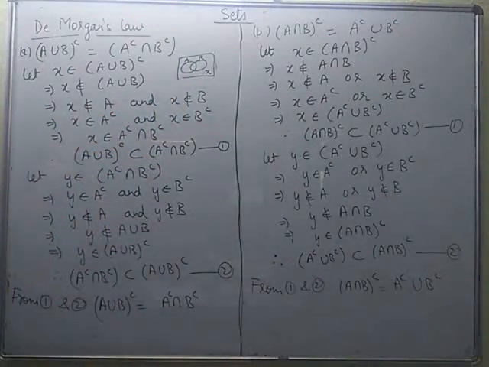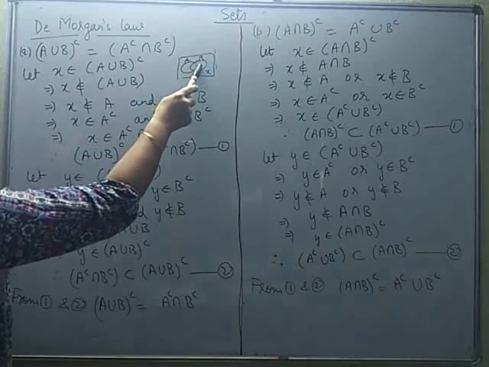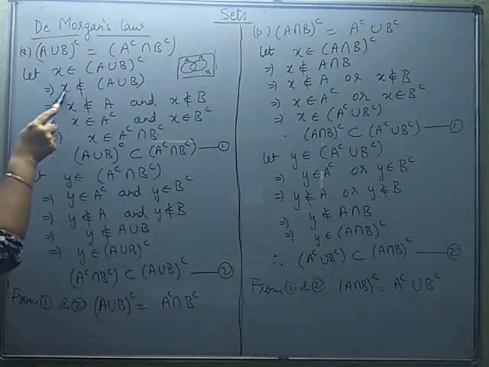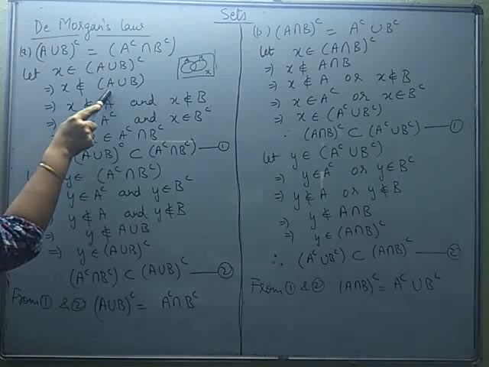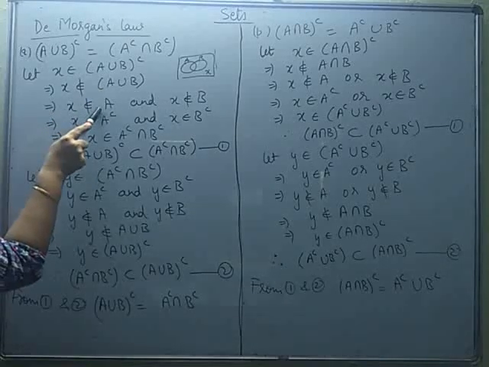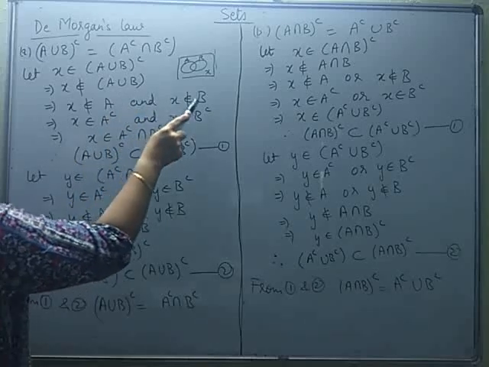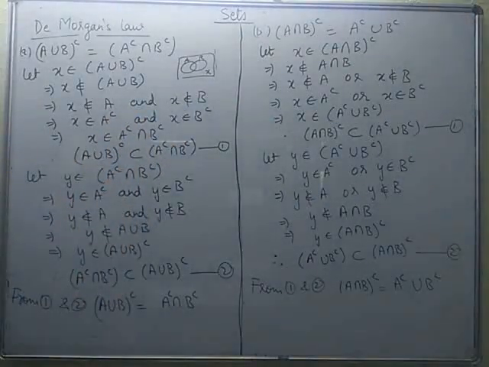Because in order to come in the union, the element should be in at least one of the sets. Only if it is not in any of the sets, it will not belong to the union. So because I know X does not belong to the union, that means X does not belong to A and, compulsorily, it does not belong to B also. That is why it is not in the union.